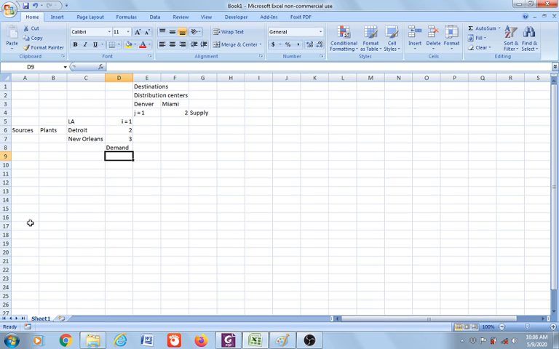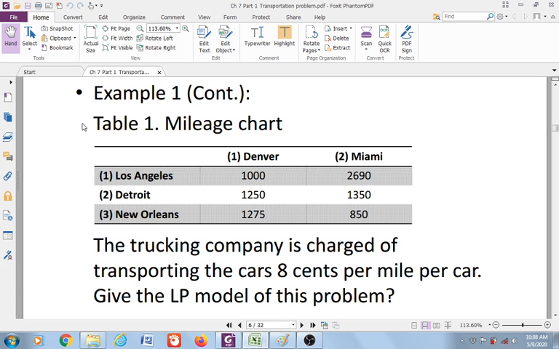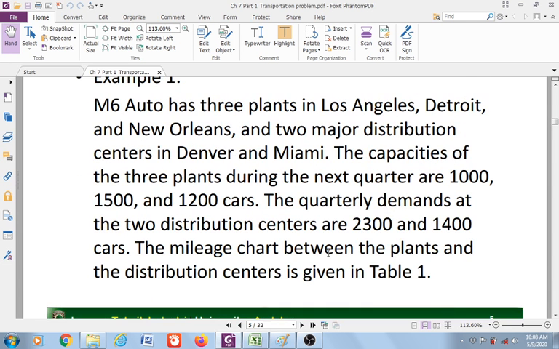Now, from the data, we know that the capacity of the plant in LA is 1,000.